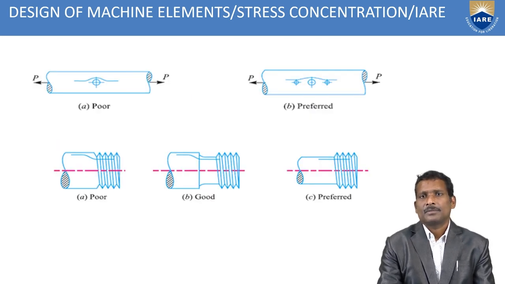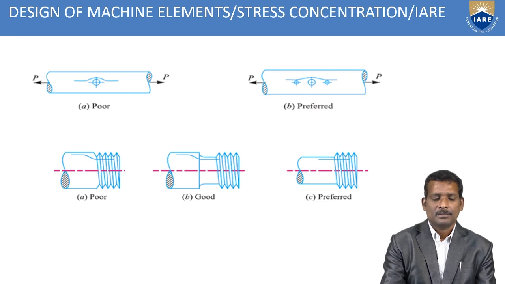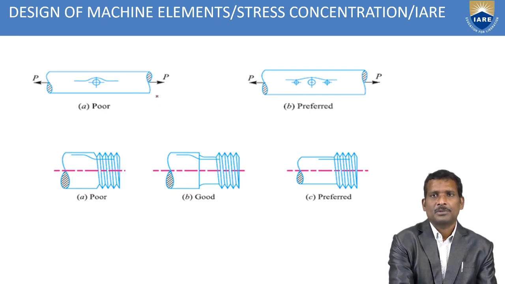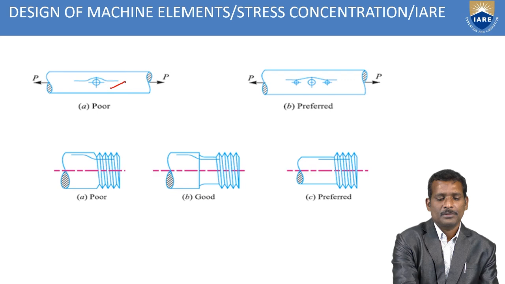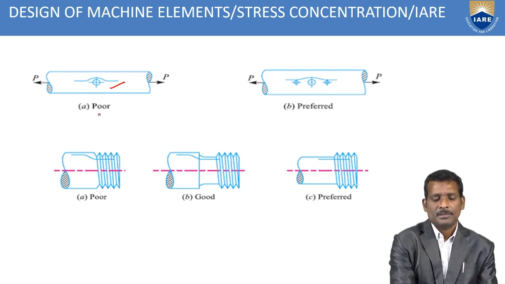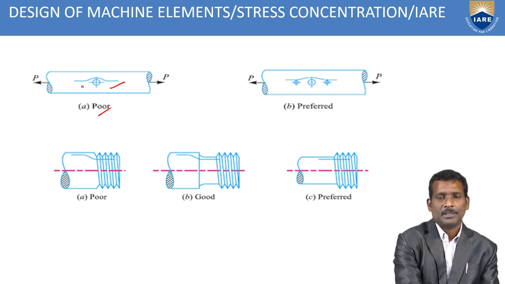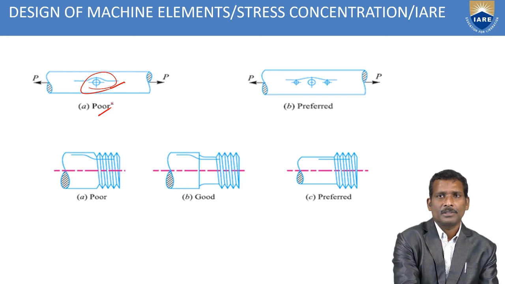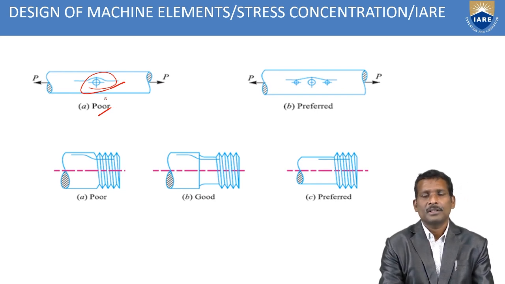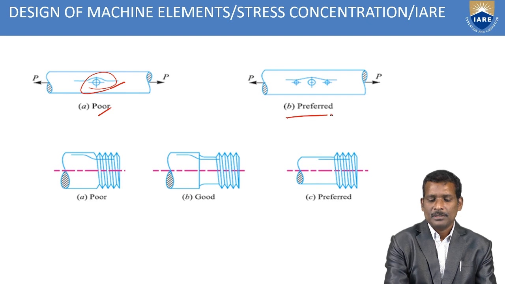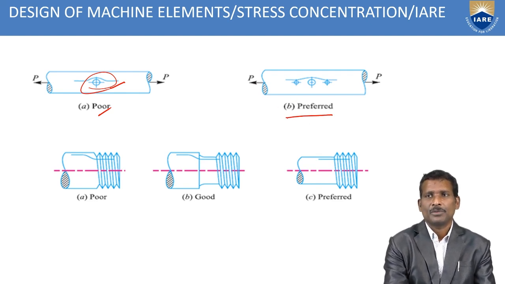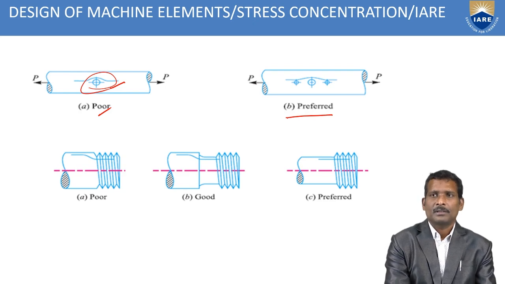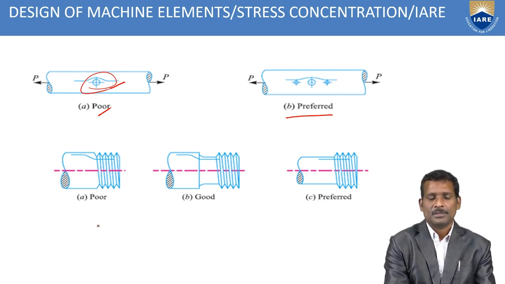Some other figures are shown in this slide. See here, a shaft subjected to the tensile load and having a wall also, and this is very poor. Why? Because the stress distribution lines are very near to this discontinuity. It means wherever the wall is present, more stress will occur. So this one is preferred. Why? Because one more hole is provided. By drilling more holes also we can reduce the stress concentration.